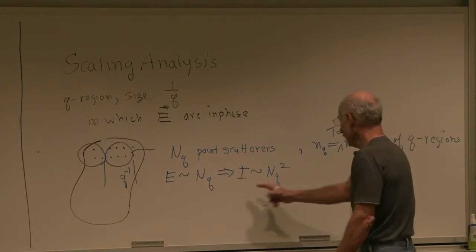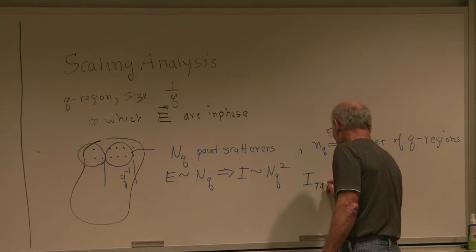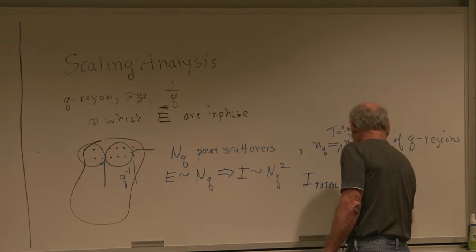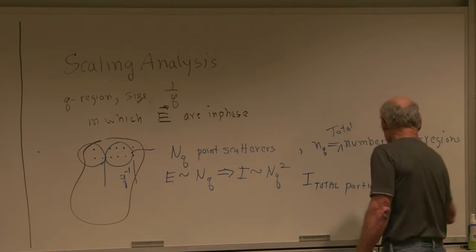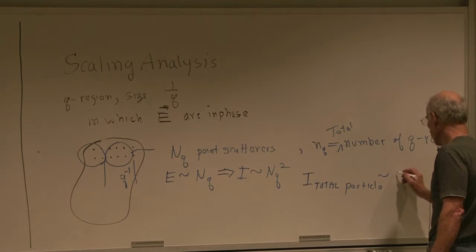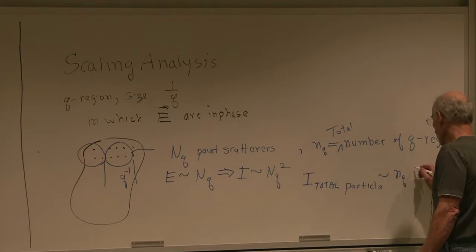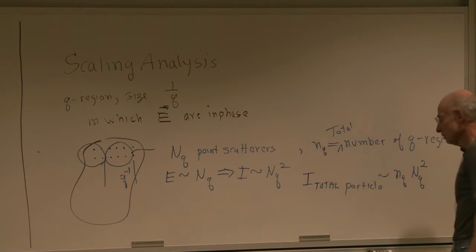Then I would combine these two and I would say that the total scattering from the particle is proportional to the number of Q regions times the intensity for each Q region.